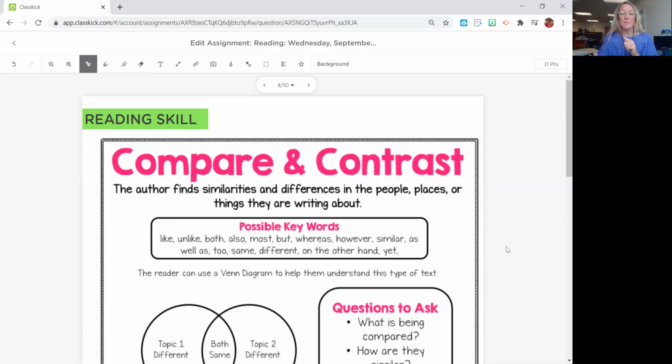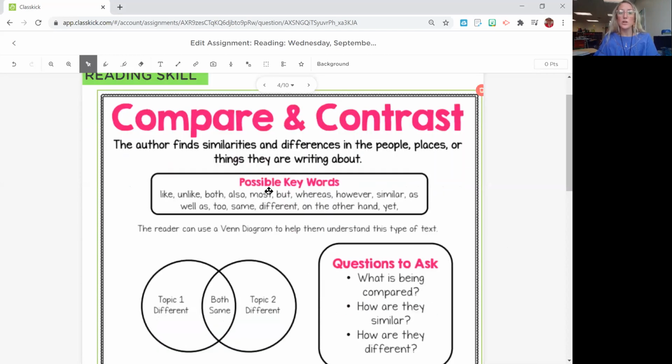Now, when we are comparing and contrasting two texts, we are looking at what is similar and what is different in those two different texts. Authors find similarities and differences in the people, places, or things they are writing about.